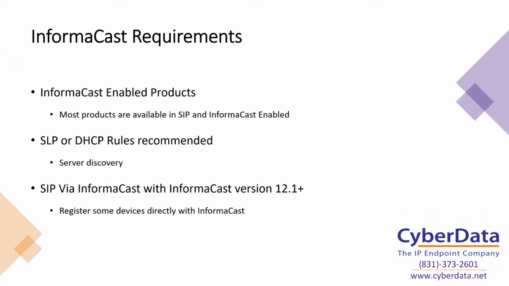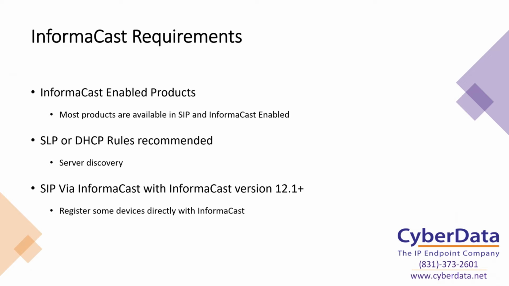So let's talk about some requirements. Of course, it's going to have to be an InformaCast-enabled product to actually utilize it and register it with InformaCast. Most of our products that you would actually want for this type of setup are available in what we call an InformaCast-enabled variant. And that just means that they support the regular SIP functionality, so they'll register with your phone system.